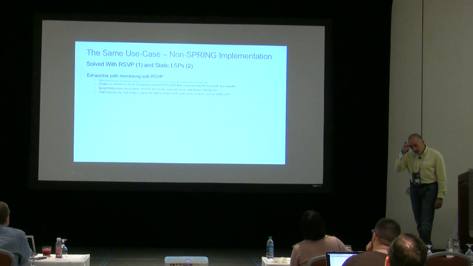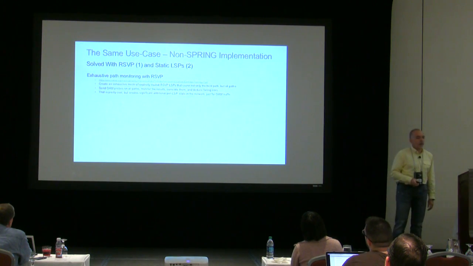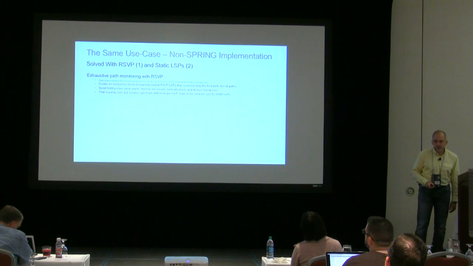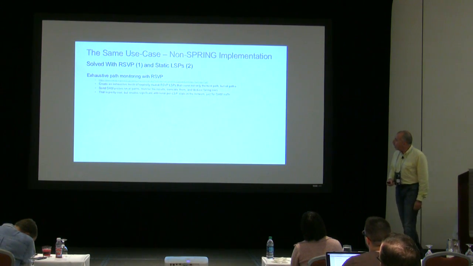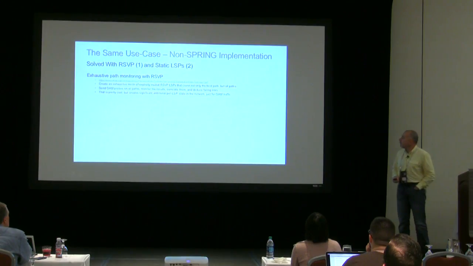Now, it turns out that you can do those things by other means as well. Google actually a few nanogs ago shared a presentation of their system for exhaustive path monitoring. I forget how they call it in this presentation, but it had something to do with black box monitoring. So you can watch the video actually of that stuff.